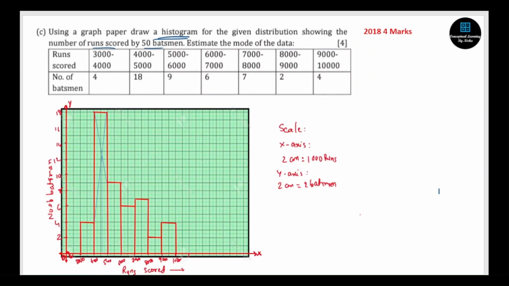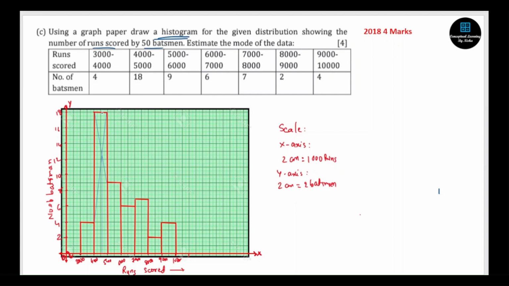Here is the graph. We have taken the x-axis as 2 centimeter equals 1000 runs, and the y-axis as the number of batsmen.